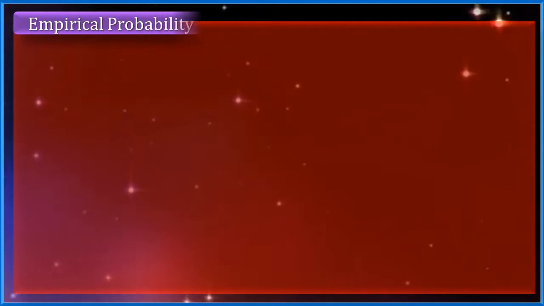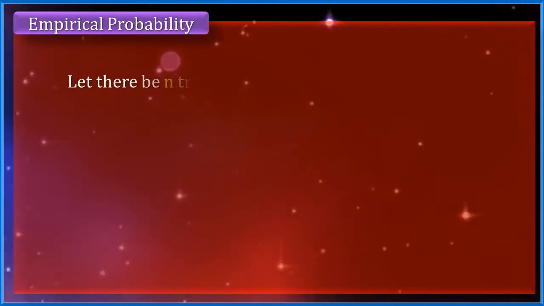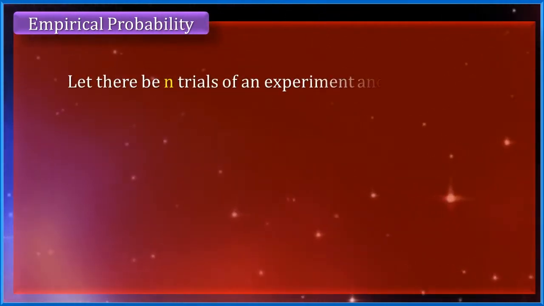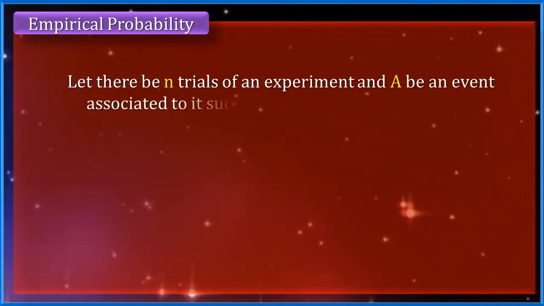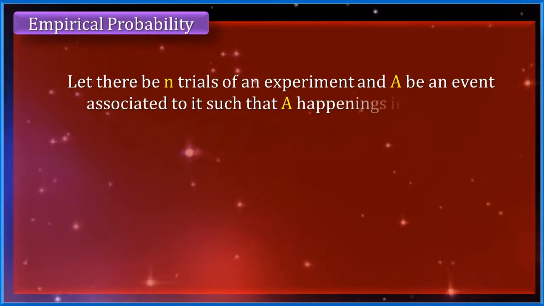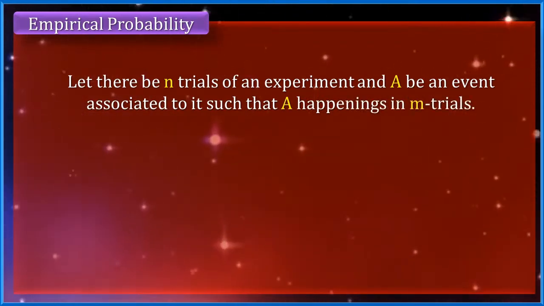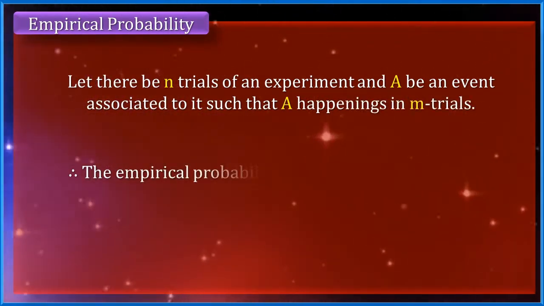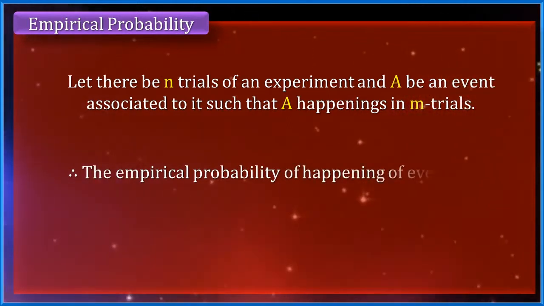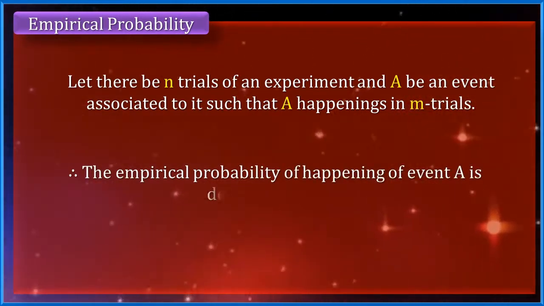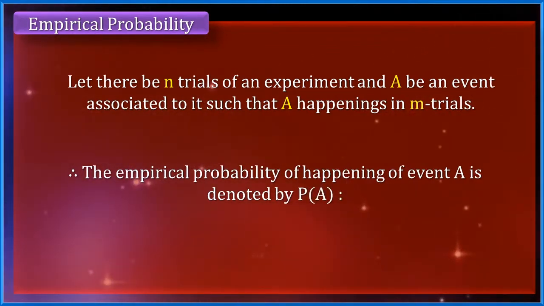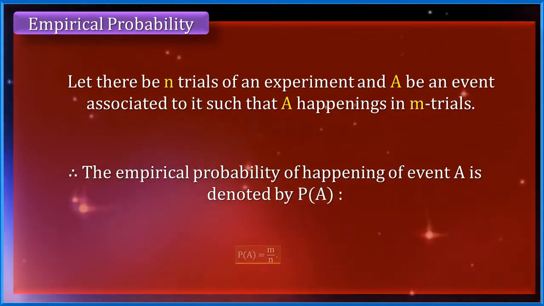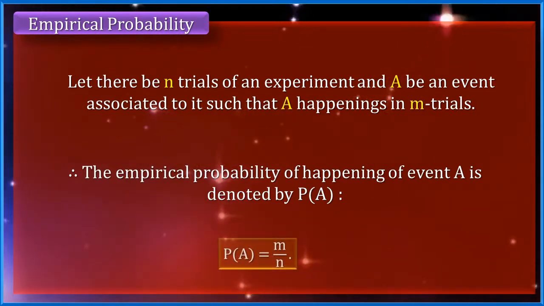Empirical probability. Let there be n trials of an experiment and A be an event associated to it such that A happens in m trials. Then the empirical probability of happening of event A is denoted by P(A) and is given by P(A) = m/n.